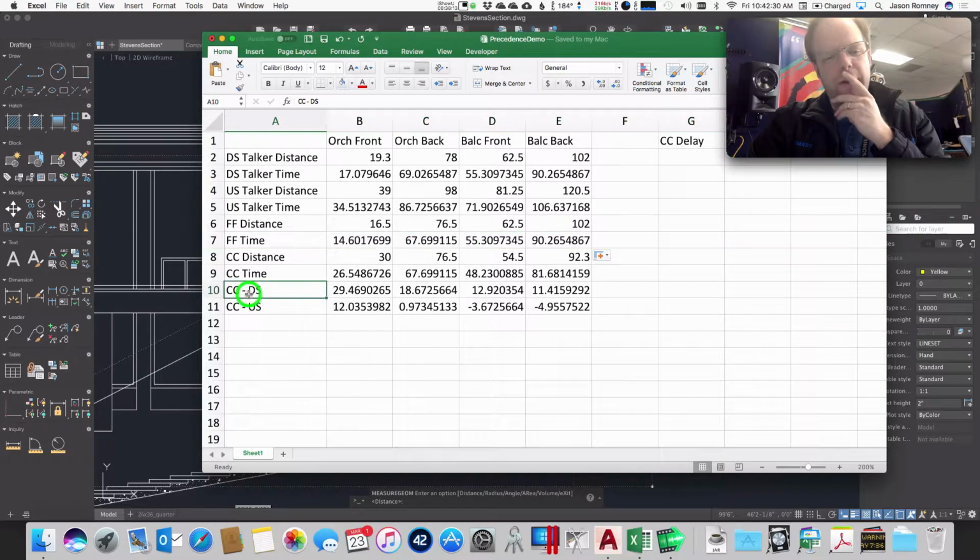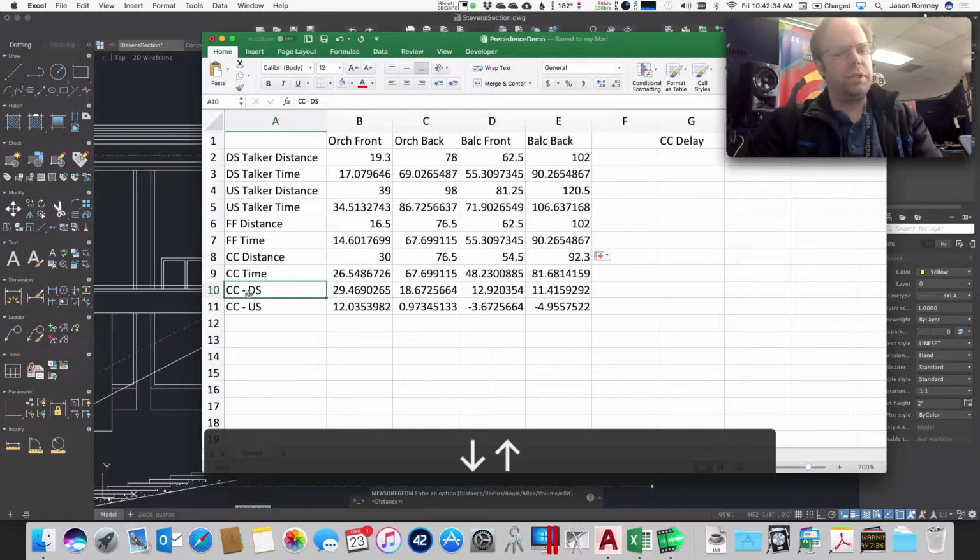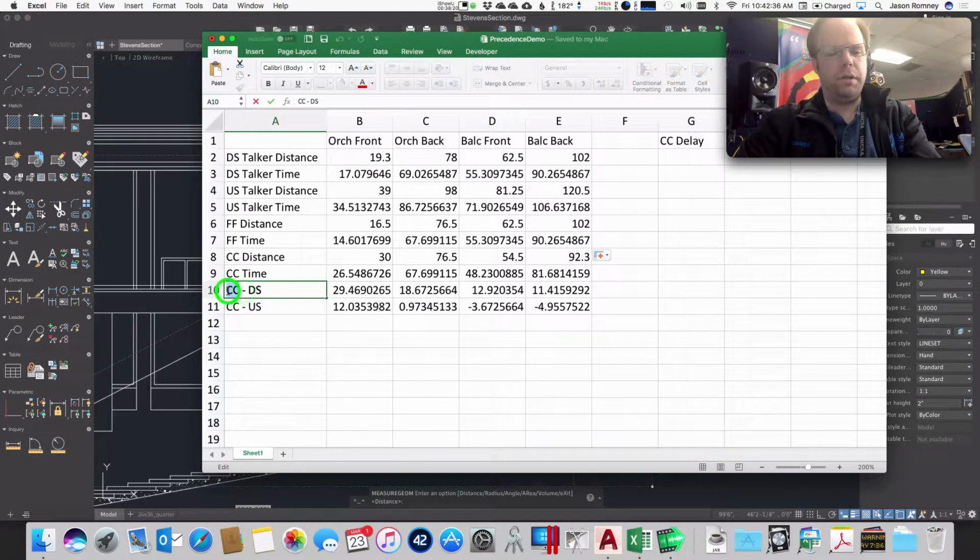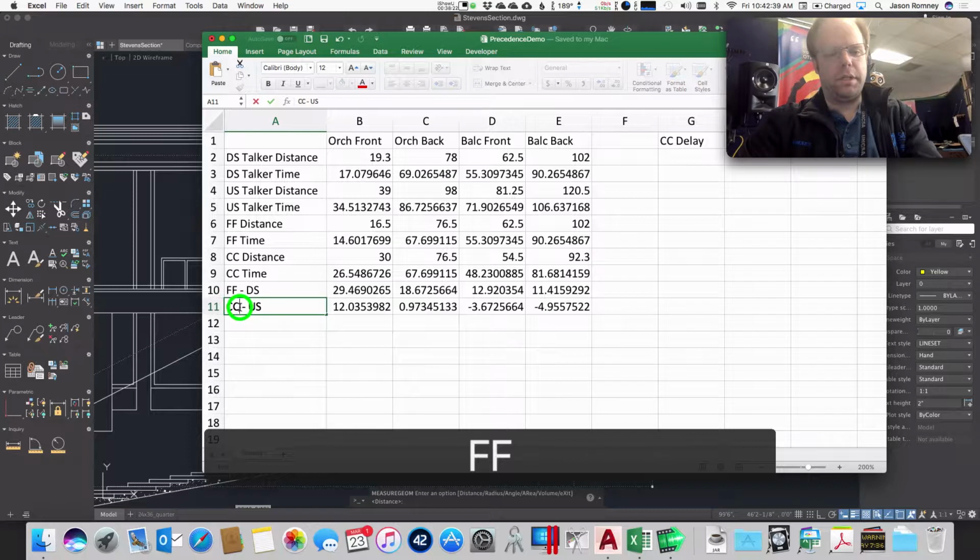So here's what I'm going to do now. I'm going to modify these two things. I'm going to get the center cluster out of the equation for a moment. This is now going to be front fill minus the downstage talker and front fill minus the upstage talker.